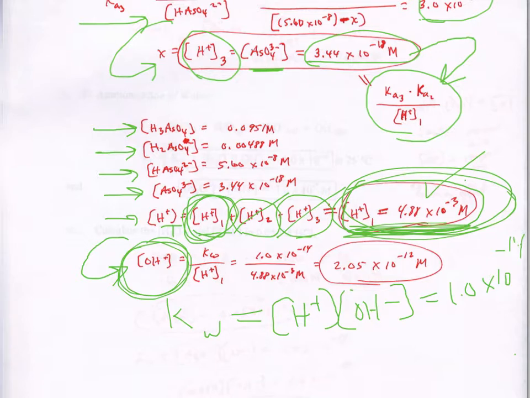So plug in my hydrogen concentration, plug in the Kw, I just rearranged the equation, right? And then you could solve for the hydroxide ion concentration as well, okay? Just for fun, right there at the end.